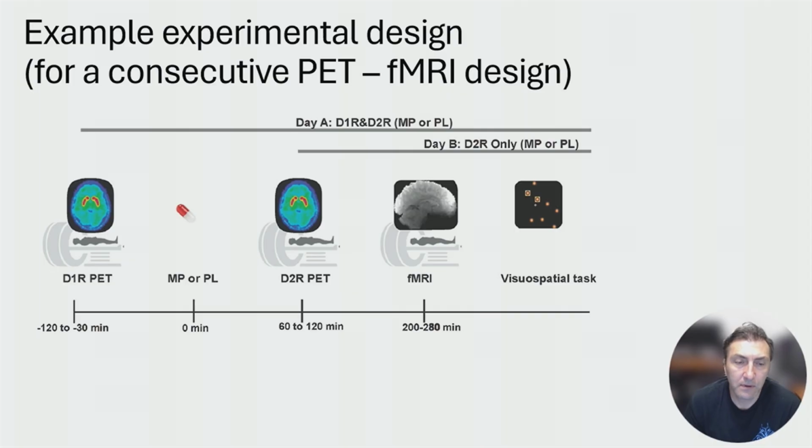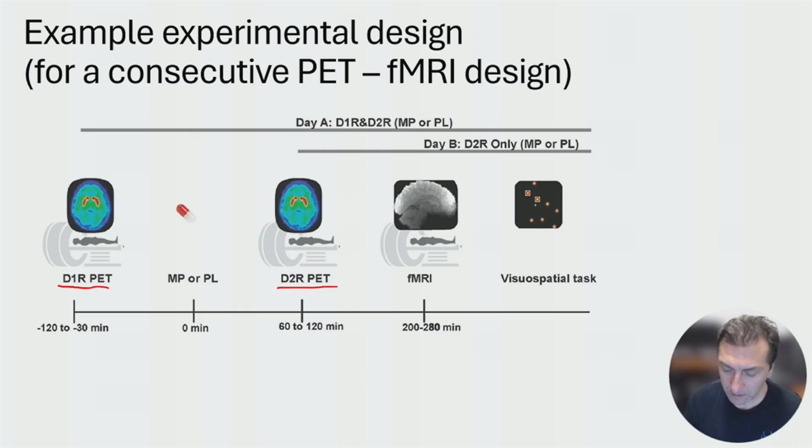This is an example protocol, where we generally have two sessions, day 1 and day 2. In the first session we generally collect D1 receptor density via NNC PET scanning, and in the first and the second session we also have D2 PET scanning by raclopride.